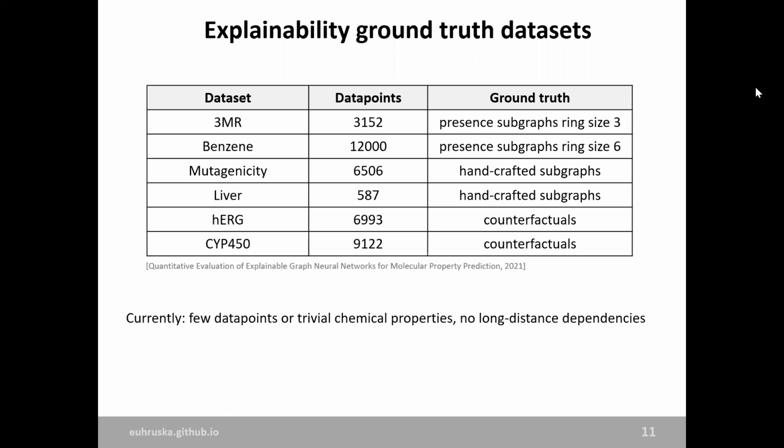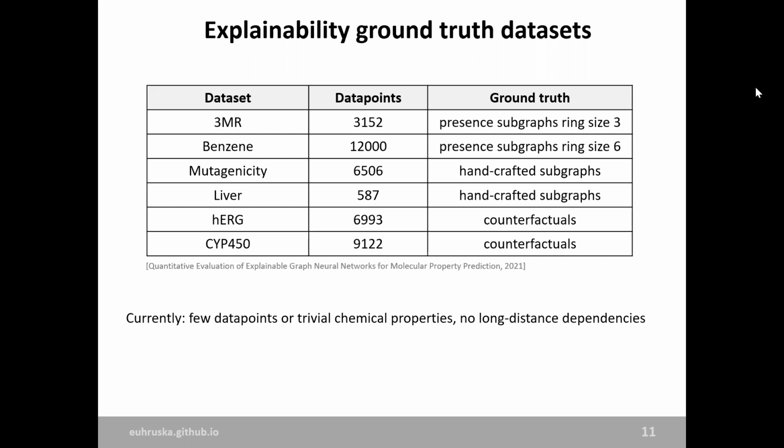The third and fourth data sets are the presence of the different functional groups. So in essence, just handcrafted subgraphs for certain mutagenicity or liver toxicity properties. The drawback here is that the number of data points is limited because the number of subgraphs is limited. Also, there's no long distance dependency. So these subgraphs are small, so there will never be long distance dependency for these explanations.